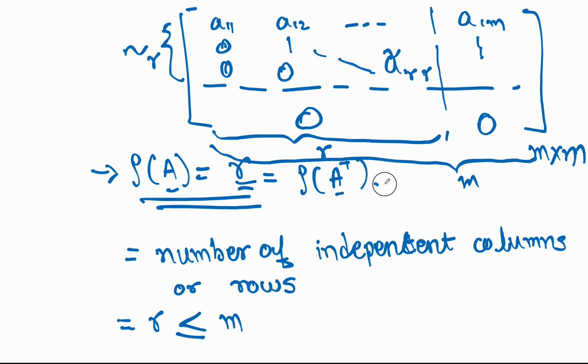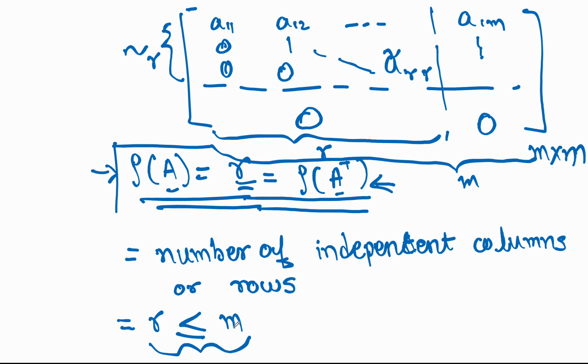So we can see that this will always be satisfied, and the rank will always be less than or equal to m, but this condition will always be satisfied irrespective of whether r is equal to m or r is not equal to m.